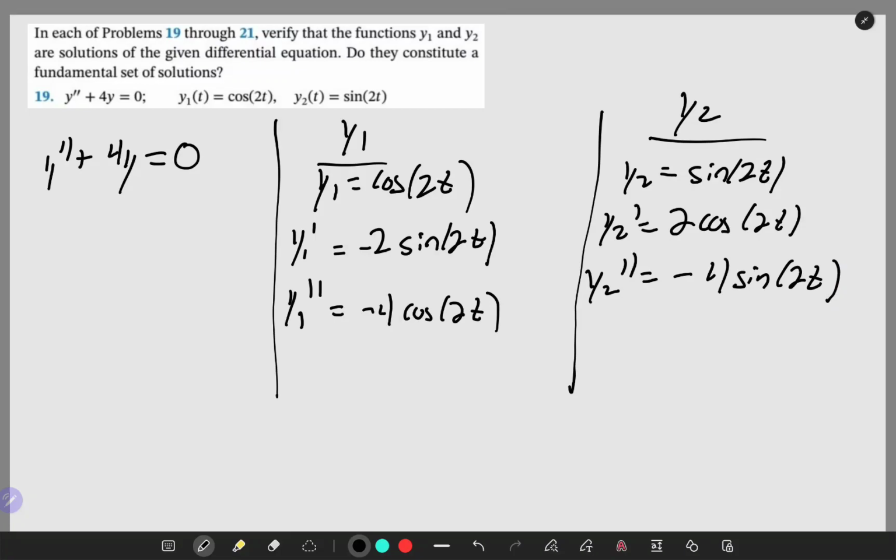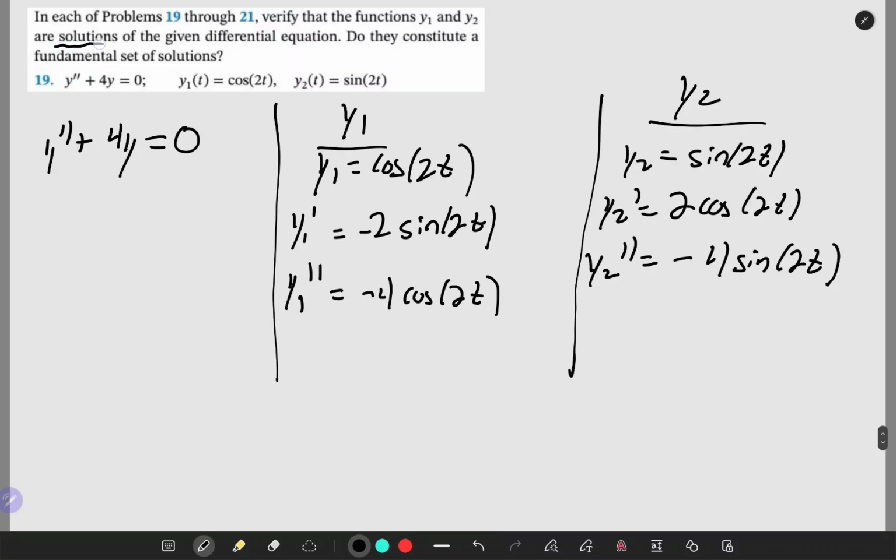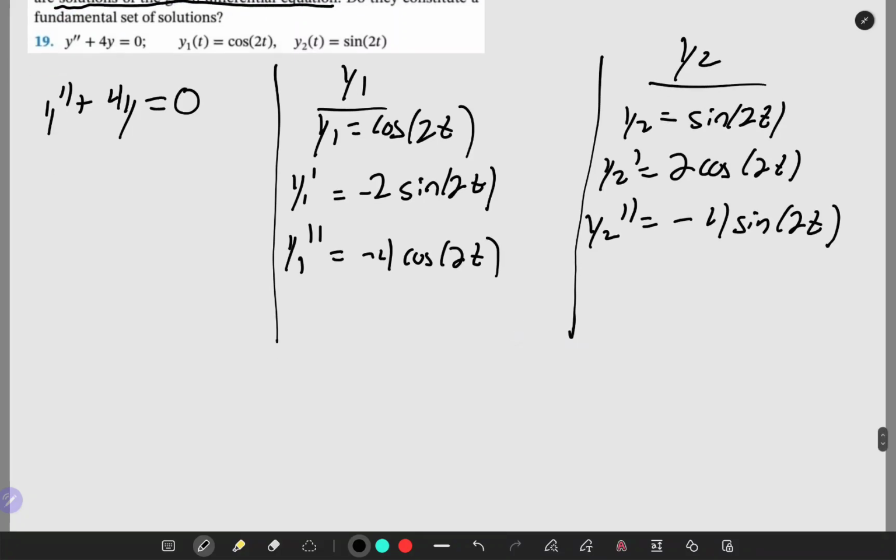Now, to prove that they are a solution to the given differential equation, the first part is this. We have to plug these back into here.